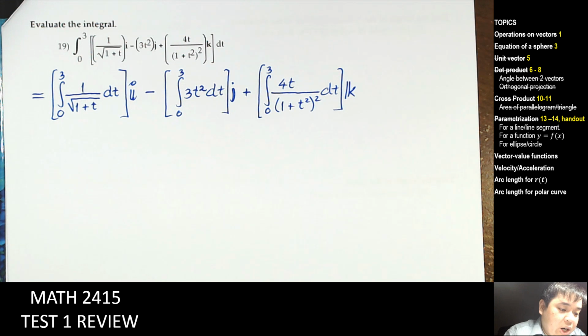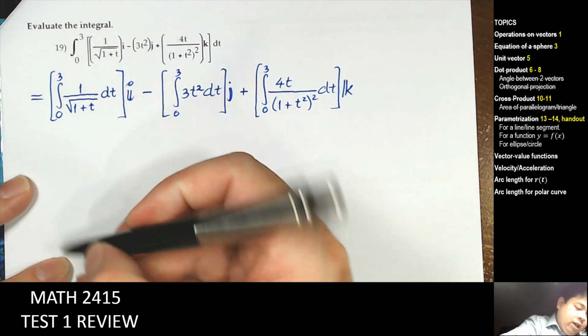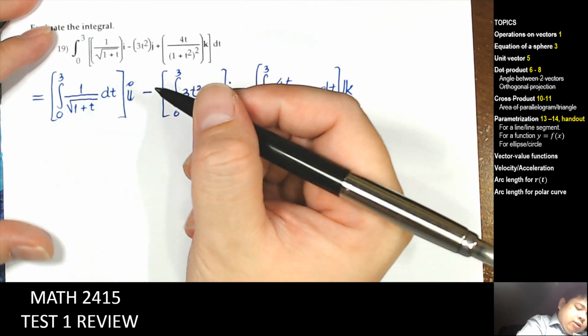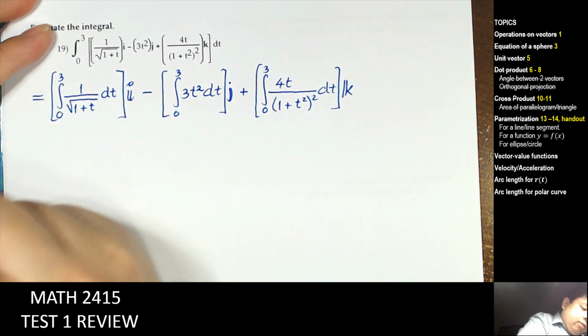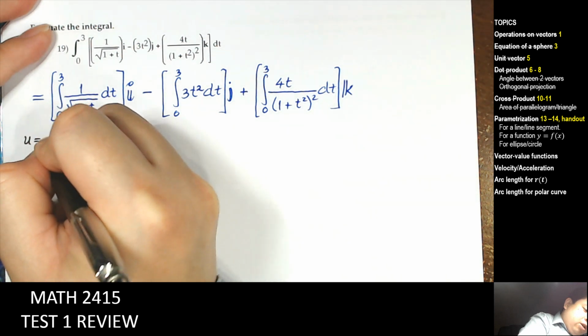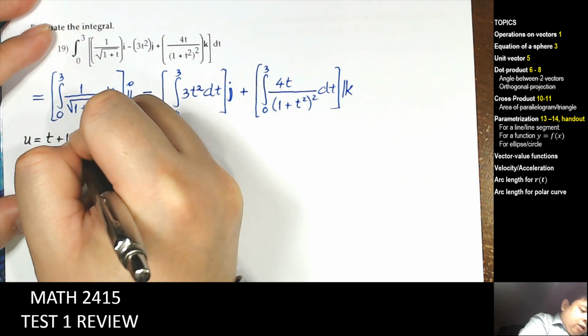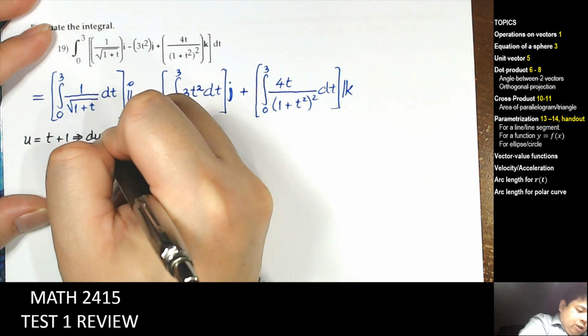Now we just integrate each one of them. This will be easy. The first one here, I will use a substitution. u equal to t plus 1. So du is dt.